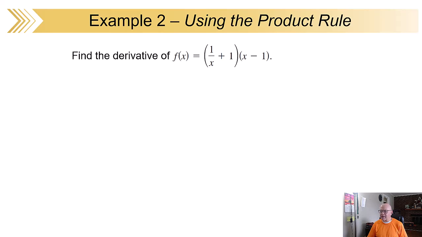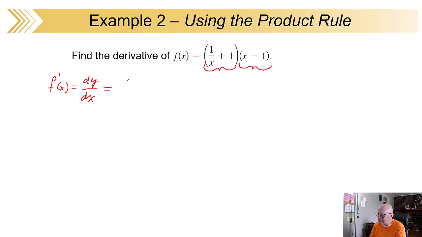So let's get into some examples. We've got an f of x here, and it's composed of the product of two simpler functions. Now we could do this just by multiplying and then taking the derivative, but this is to get you started using the product rule. So to get the derivative of that, which will be f prime of x, or if you want to, you can call it dy dx, equals. Now this is what I do. You can do it a little bit differently if you like.